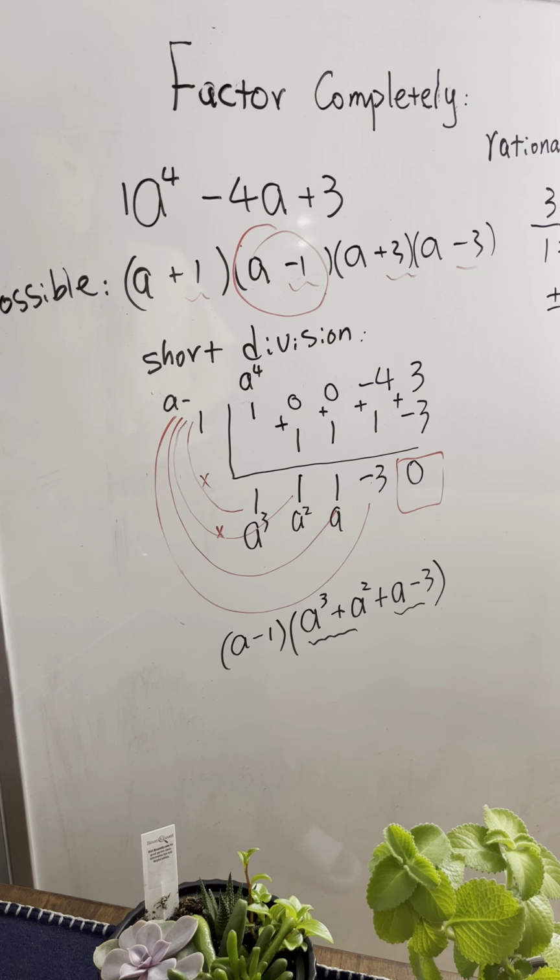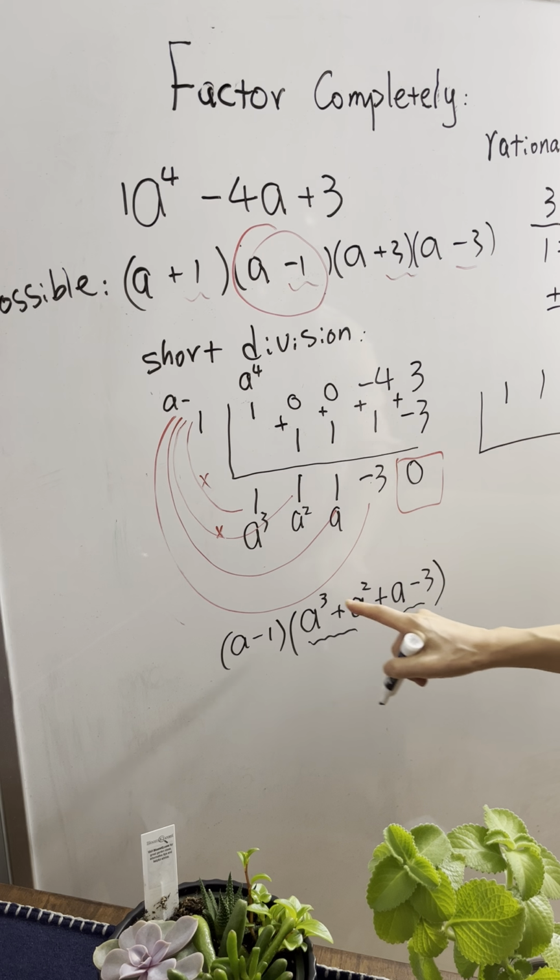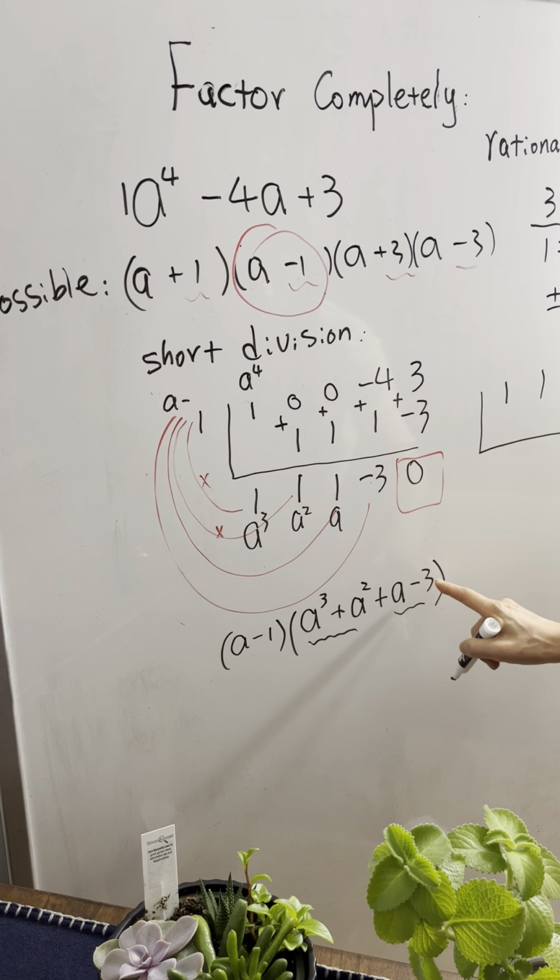Maybe we try 3. Well, let's try it. We still use short division. Now I have the coefficients in order: a cube, a squared, a, constant term. So 1, 1, 1, negative 3. What are we going to try? Well, let's try 1 one more time.